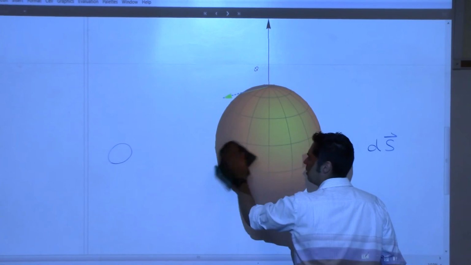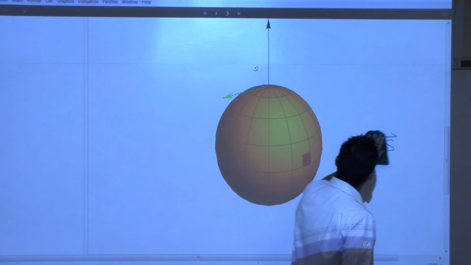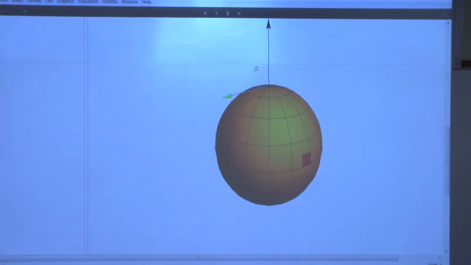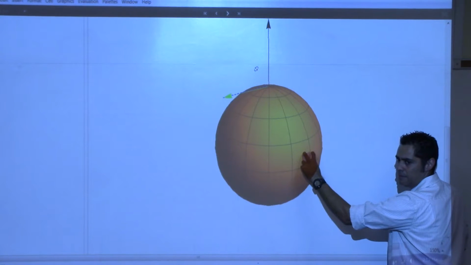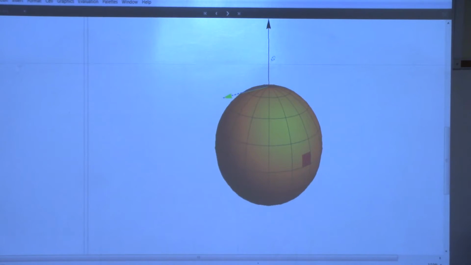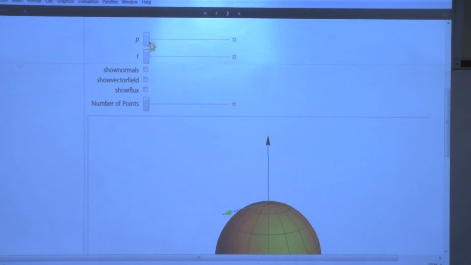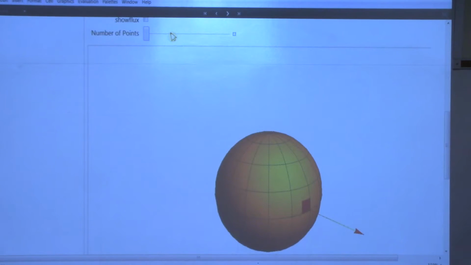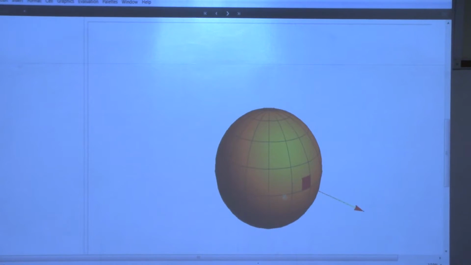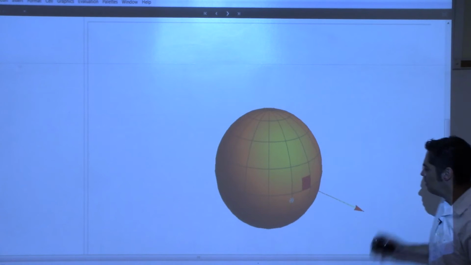Okay, and I'm going to use an oriented surface. I'm going to use a sphere as an example. This is an infinitesimal little patch on the sphere, right? At every point on this sphere, we have 2 vectors that we're looking at right now.